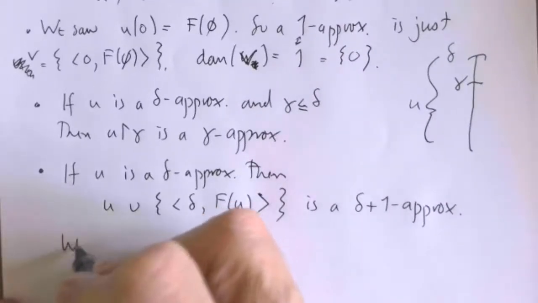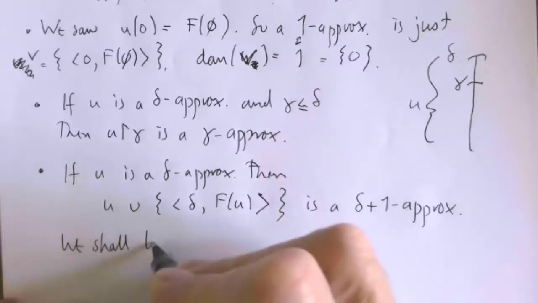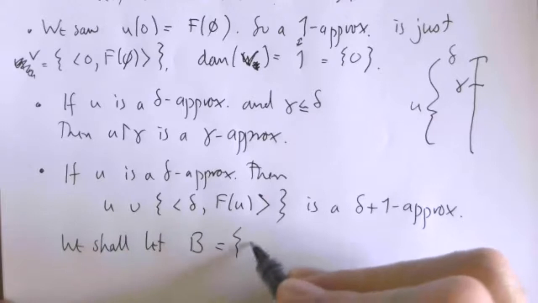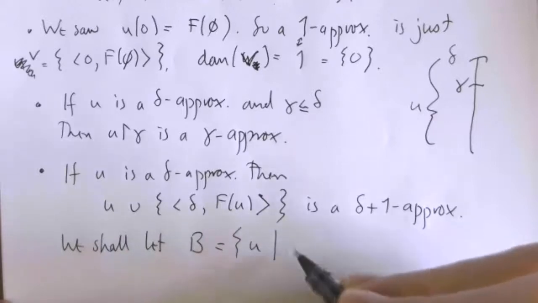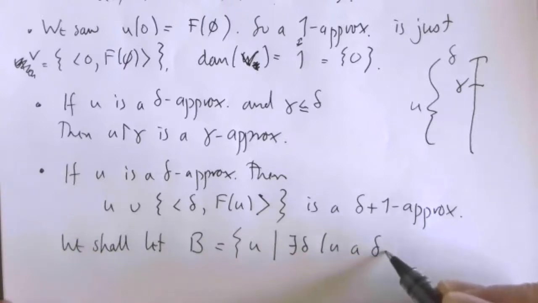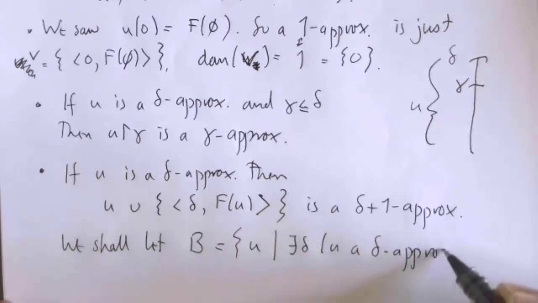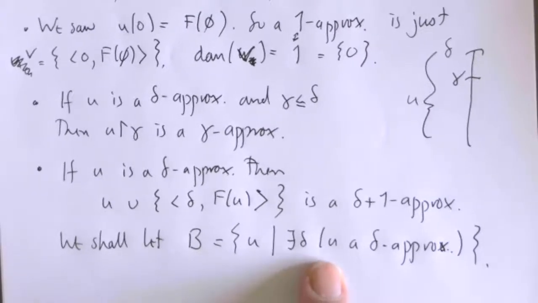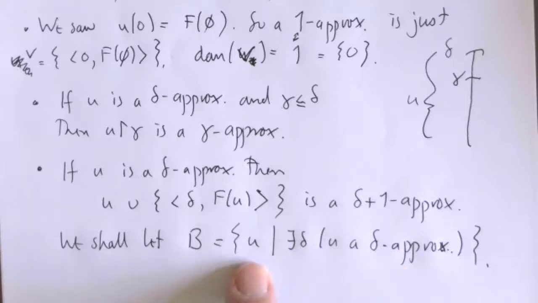And we're going to let B be the class of approximations. And if there's an approximation for every ordinal delta, this will be a proper class, because there's a proper class of deltas here.